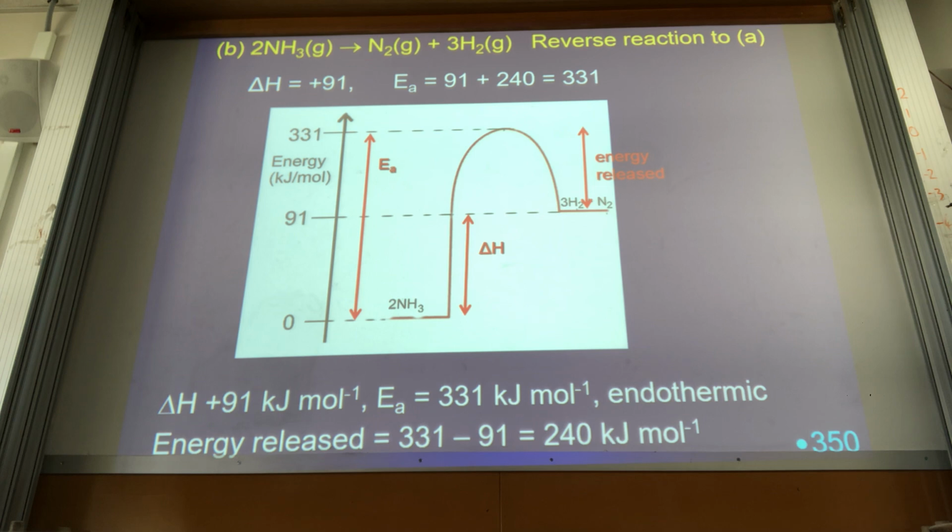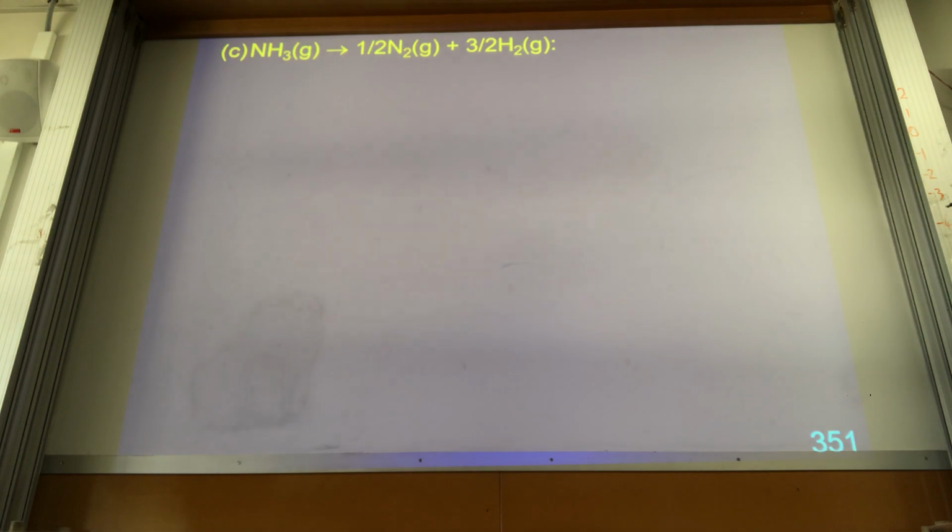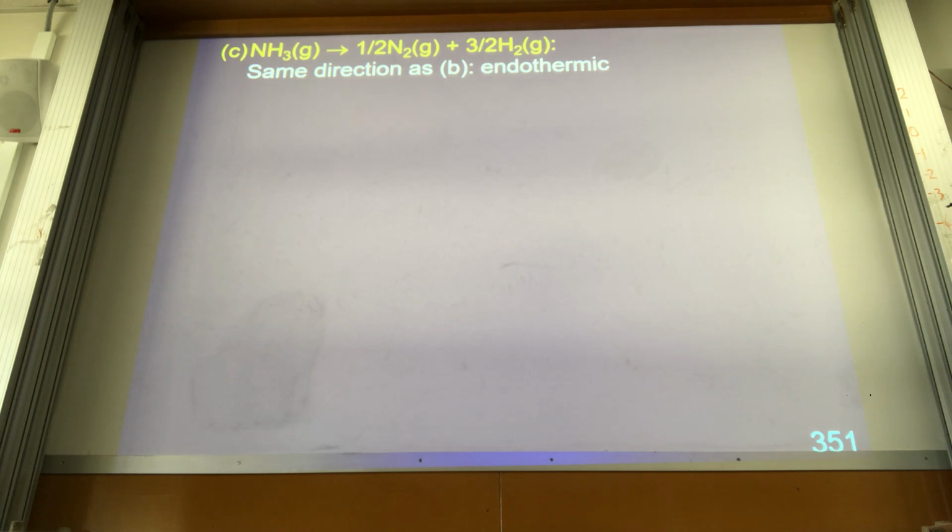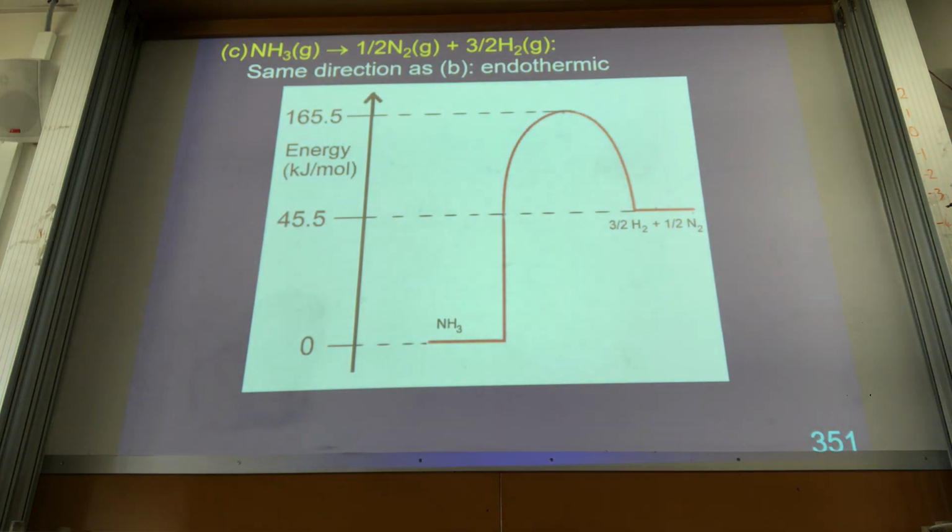Example C is the same reaction as in B, but with the moles halved. If we halve the moles, we halve the amounts of energy in each case. So it's still endothermic, it's still going to have that basic endothermic shape, but instead of delta H being plus 91, it's going to be half that.